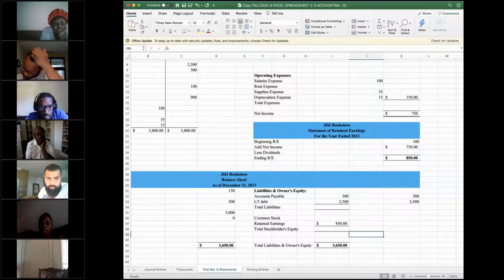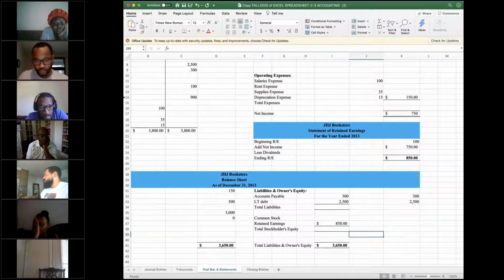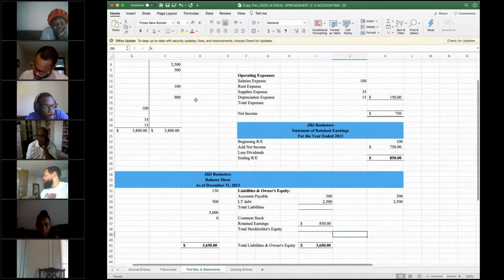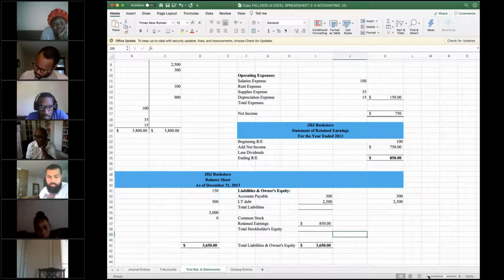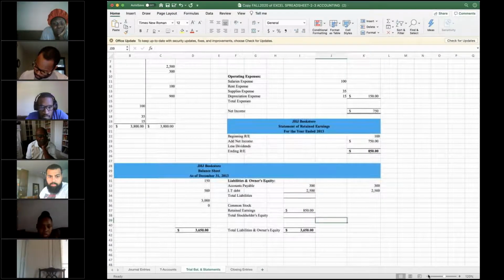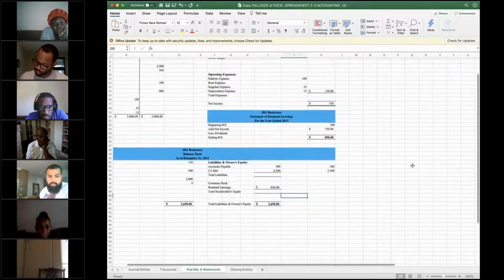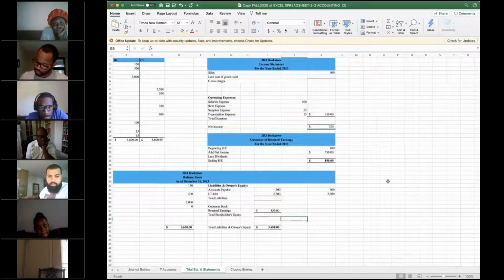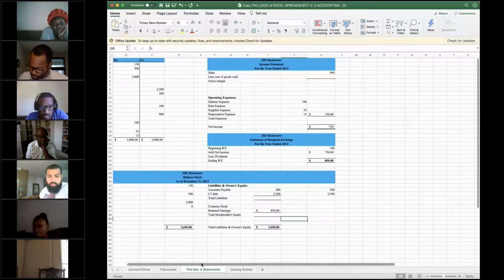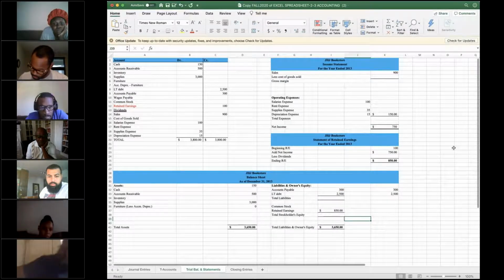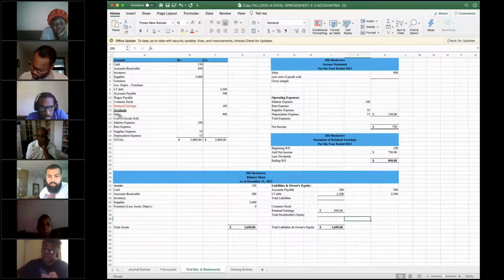So once you have a trial balance, you're able to go from that trial balance, pull out the numbers from sales on down, and get an income statement.